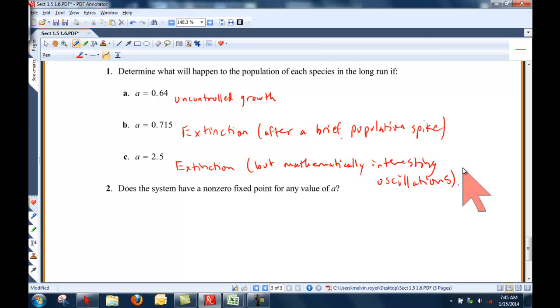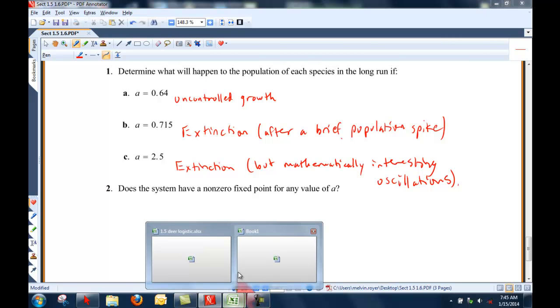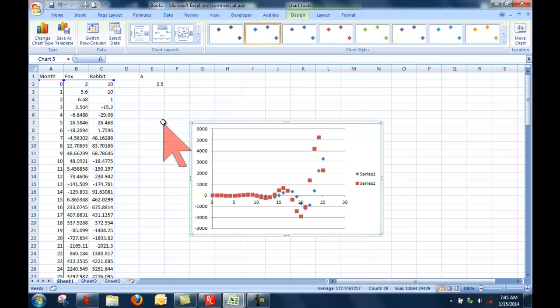And the final question was, what about the possibility of a fixed point? So now notice that there are two populations involved, and so a fixed point needs to be an ordered pair. If I start with a certain value for the fox and a certain, possibly different value for the rabbits, will both of those two populations stay constant?